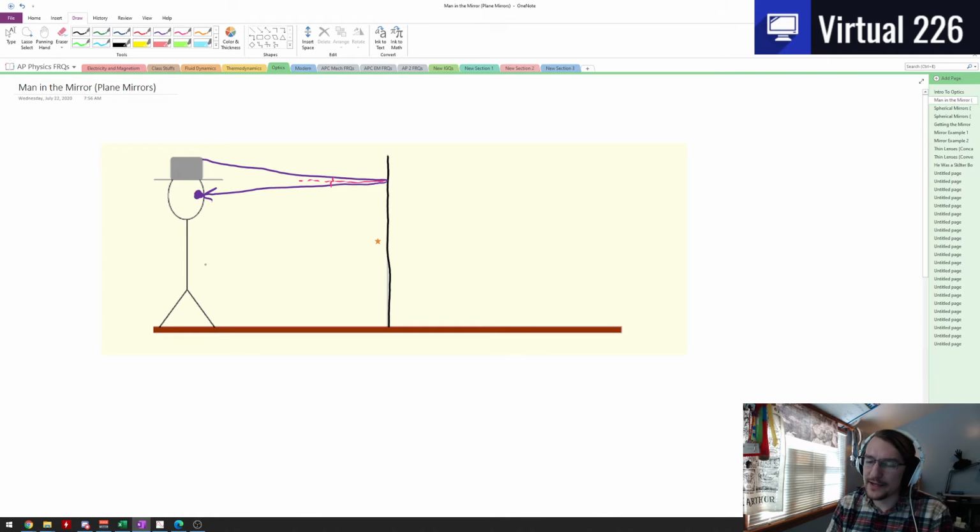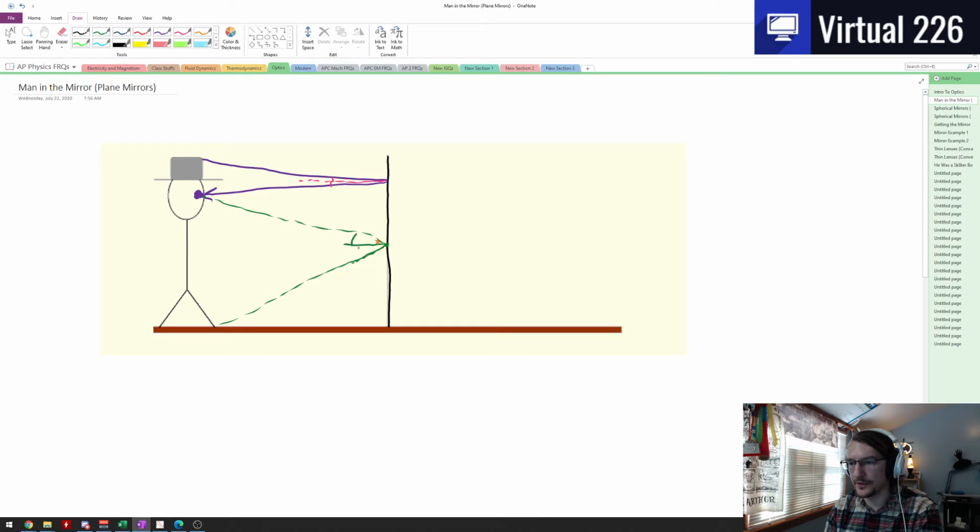If we do the same thing with your foot, we don't bounce it like this. That doesn't make any sense. The angle of incidence and reflection have to be the same. So when we do this, we're actually going to bounce right about here, because then our angle of incidence and our angle of reflection will be the same, and you actually hit your foot.